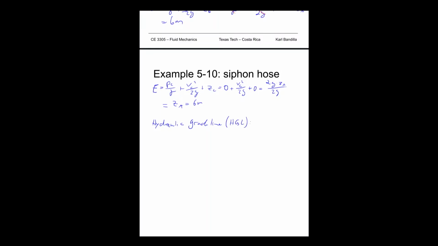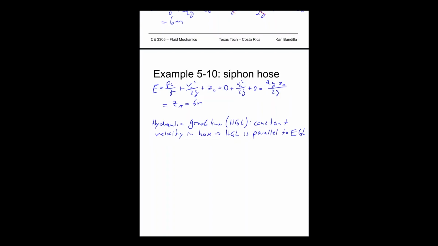Well, we have a constant velocity in the hose, which means the HGL is parallel to the EGL. Let's write that a little nicer here. Parallel to the EGL. At what level though?